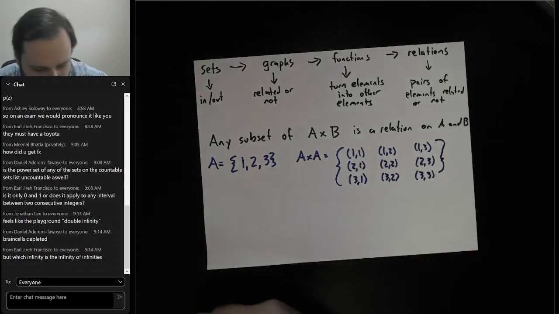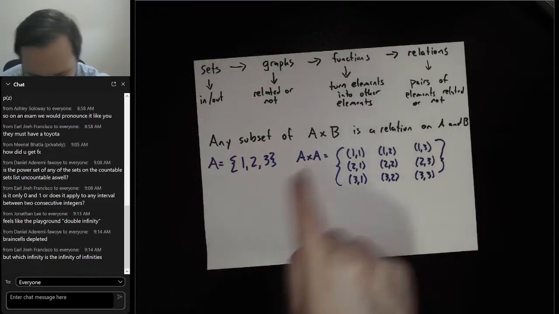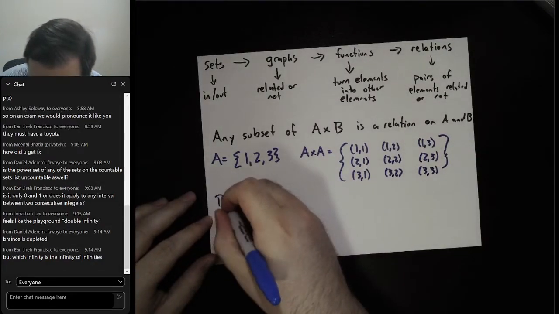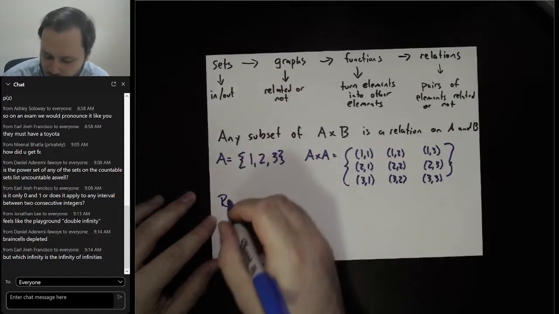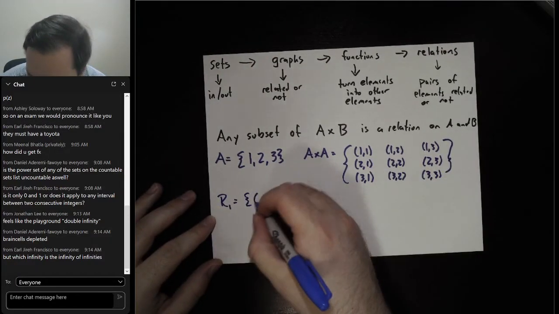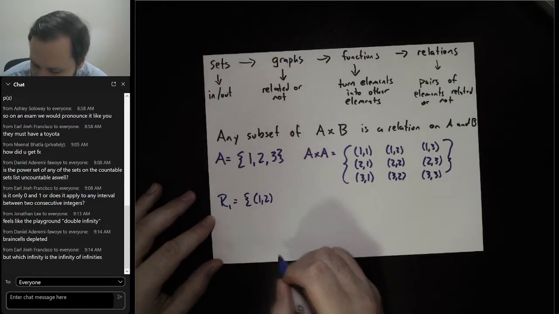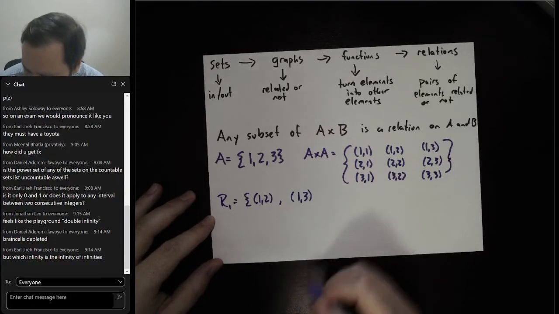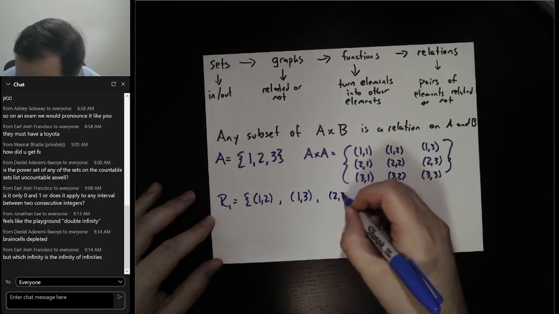Let's pick some relations on this set A cross A. So R1 is the set, it's a subset of these things. I'm going to pick (1,2), (1,3), and (2,3).